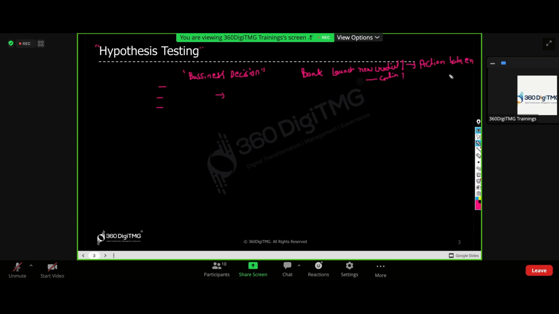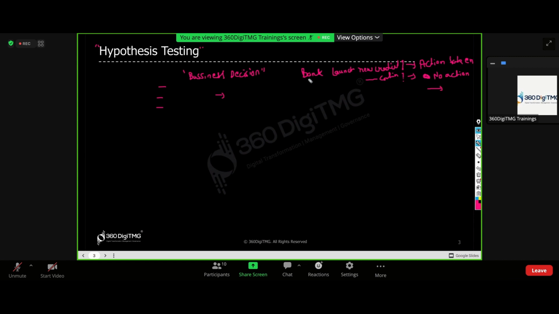You are going to take an action. And if you are not launching it, if you are going with your existing policies, existing credit cards, it means you are not taking any action. Keep it as it is. Whatever is running in the business, do not take any action. Let it go as it is.